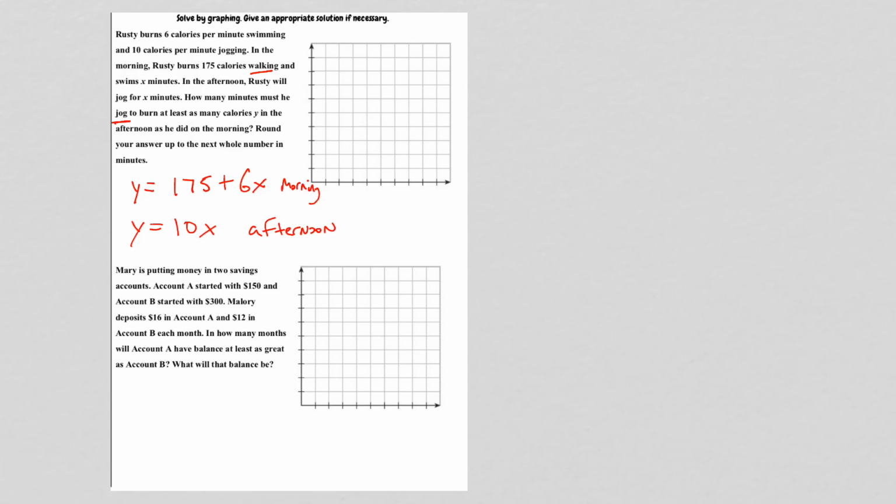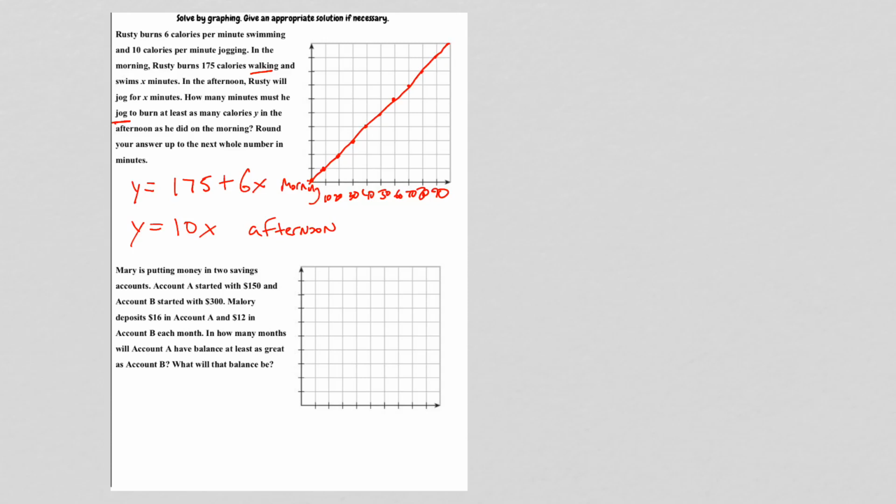So if y is equal to 10x, this first line plots very simply. Start at the origin. This is 10, 20, 30, 40, 50, 60, 70, 80, and 90. Right? And then it's just up 10. This is the afternoon.